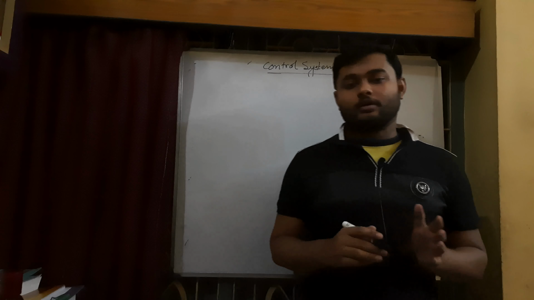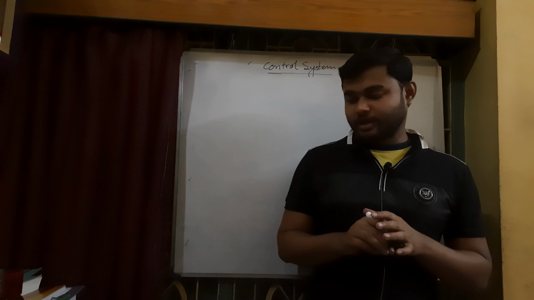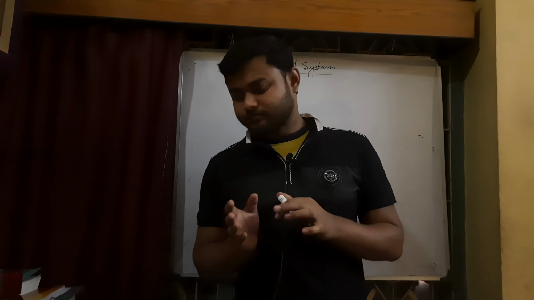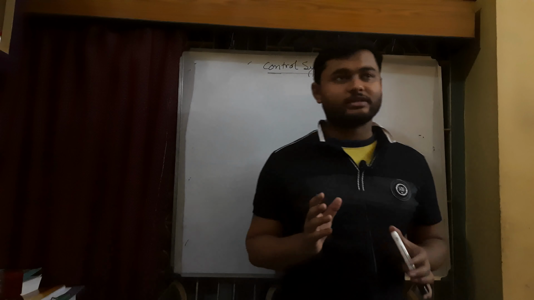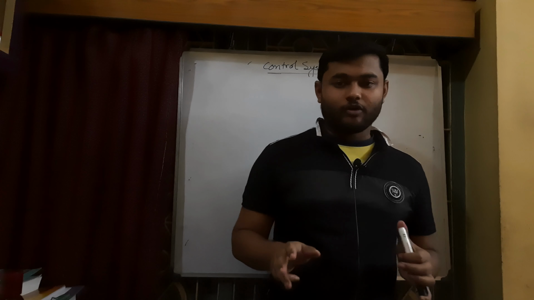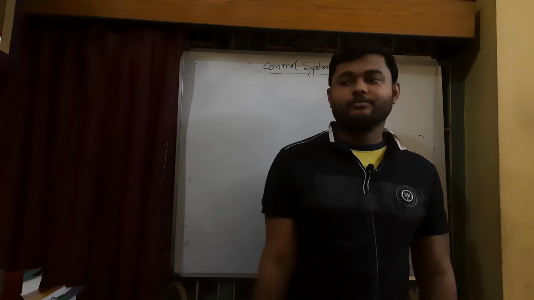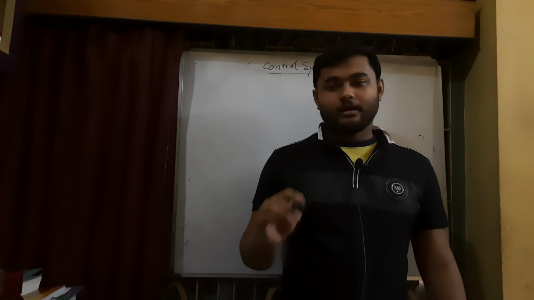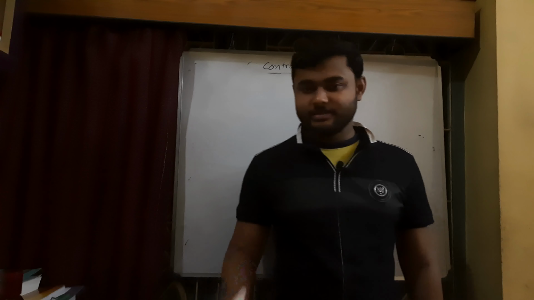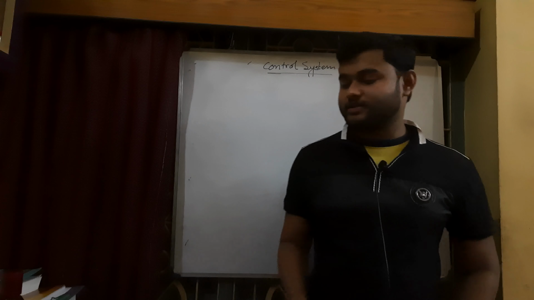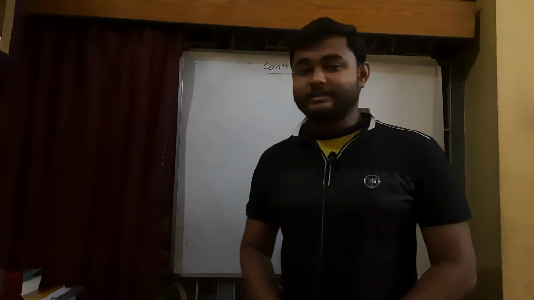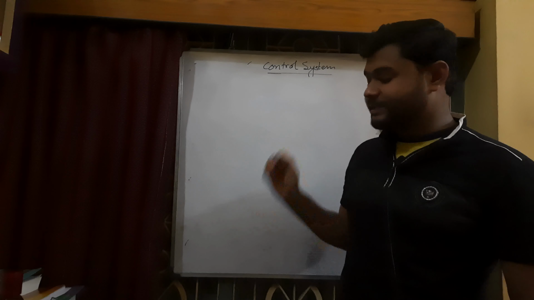Then we went to the transfer function, and we discussed three forms. Actually we discussed two forms in the previous video, but I said that there are actually three forms of transfer function. The third form, the time constant form, will be discussed in this video.